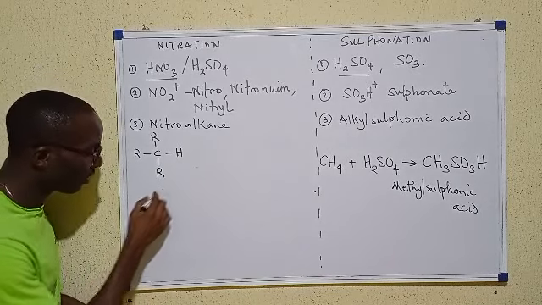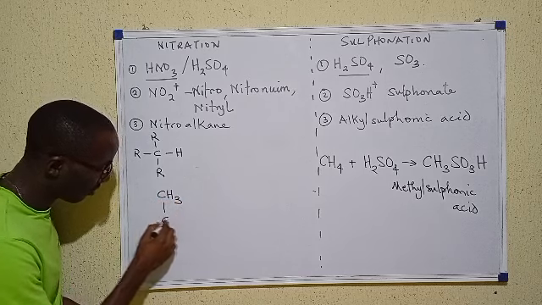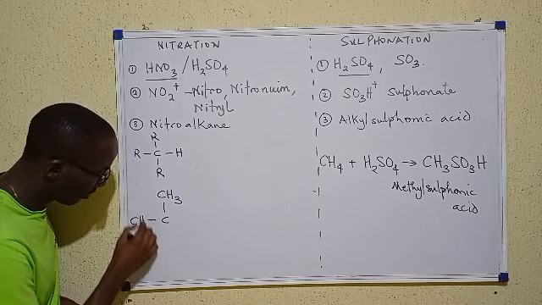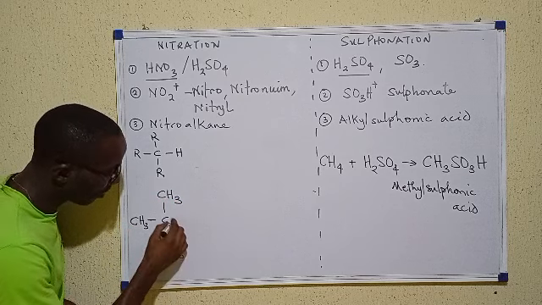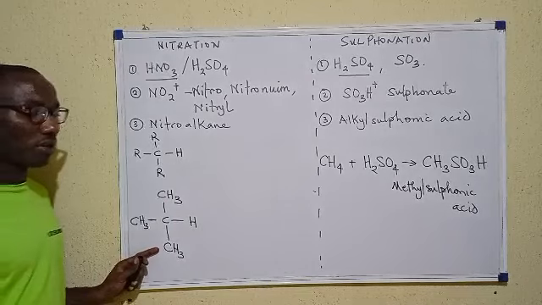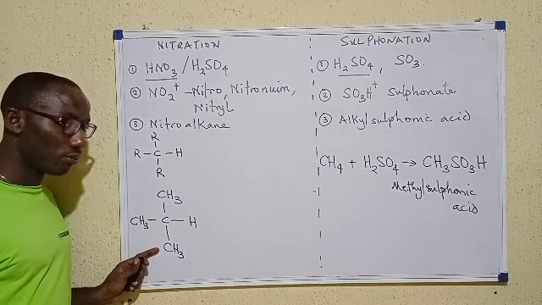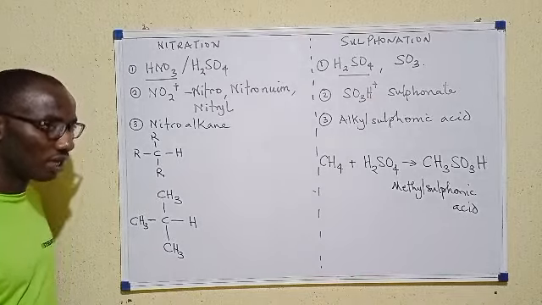See an example. Let's say I have CH3, C, CH3, CH3, then H. This compound can be called 2-methylpropane. But 2-methylpropane is a tertiary alkane.